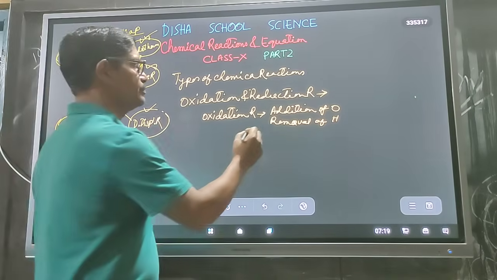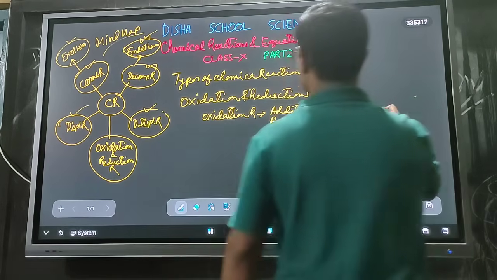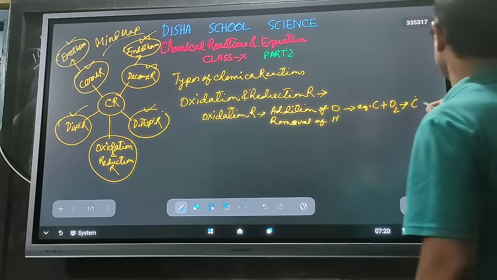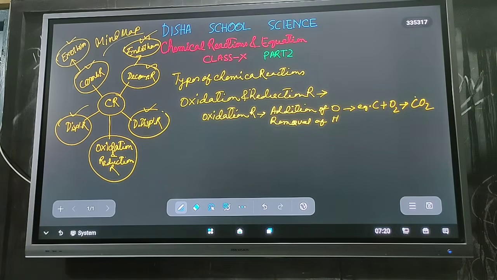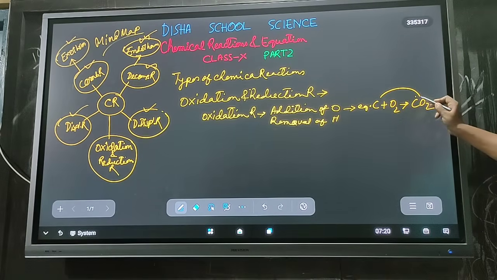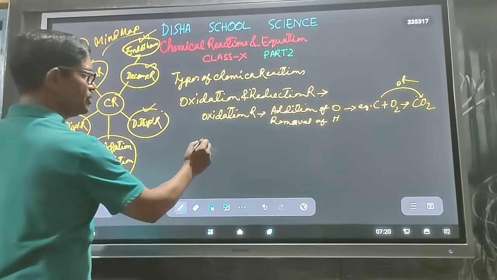For example, carbon plus oxygen forming carbon dioxide. On the reactant side there is carbon, but on the product side carbon dioxide. So you see, carbon is transformed to carbon dioxide. So definitely it is an oxidation reaction. Are you clear?